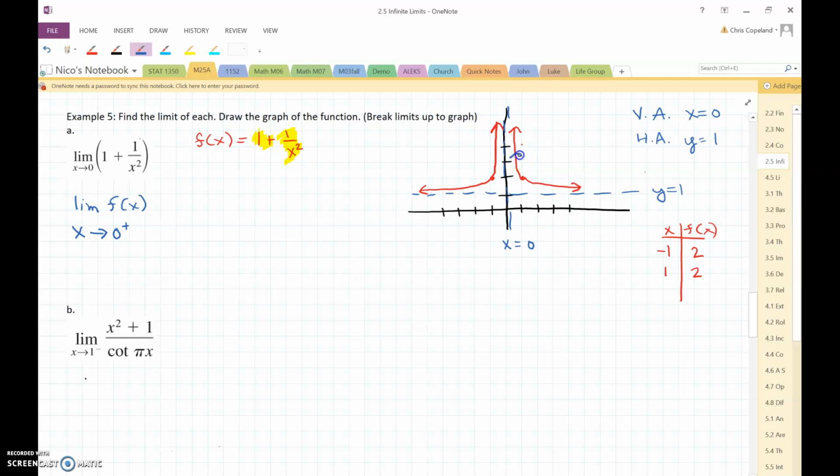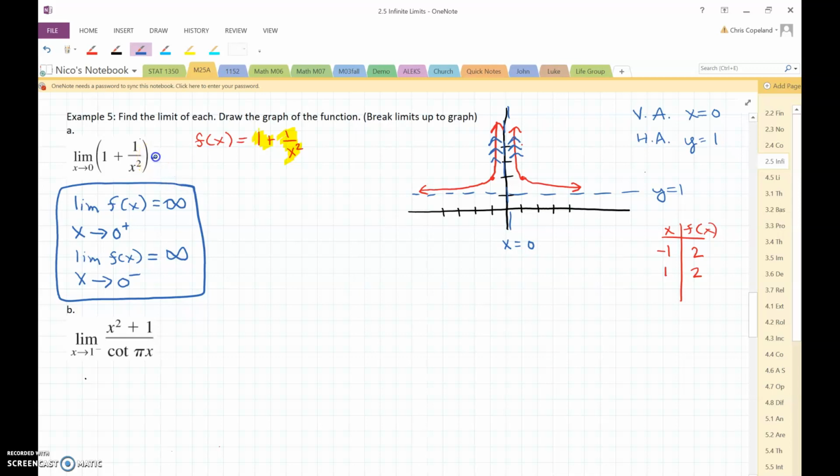Coming from the right, this is obviously going towards infinity, so this is going to equal infinity. And then if we look at the limit of this function as x approaches 0 coming from the left, again, this is going to equal positive infinity. Because both of these one-sided limits equal infinity, this limit overall equals positive infinity.